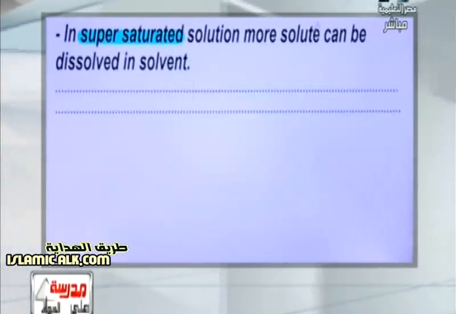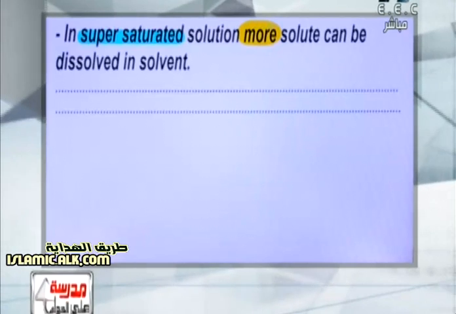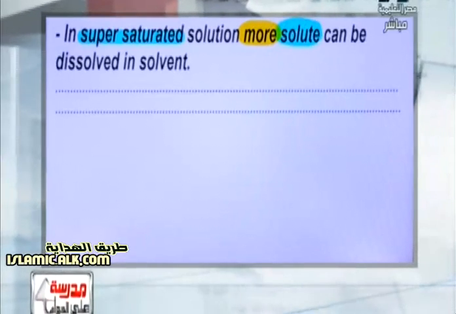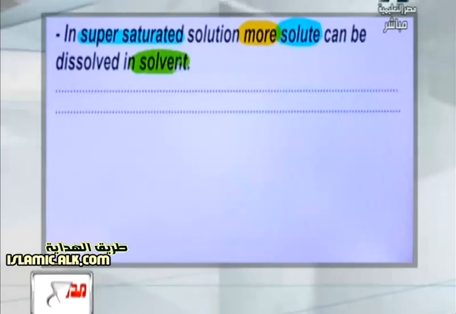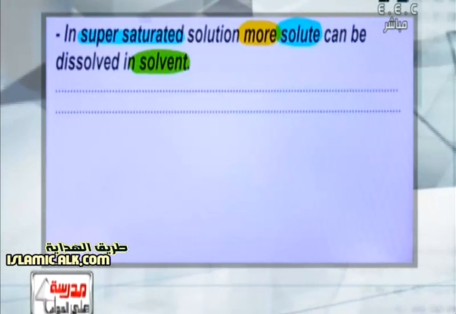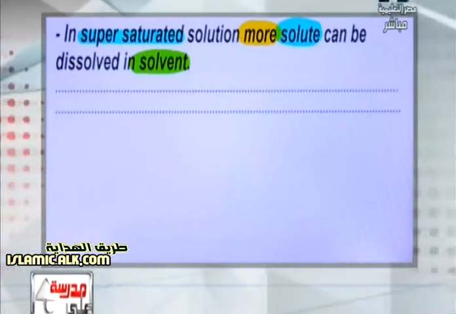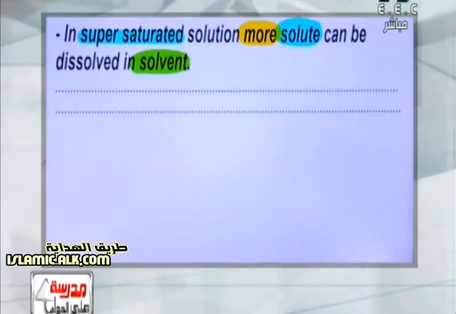Say more solute can be dissolved in solvent. So we have here more solute can be dissolved in solvent. How can we answer this type of question? Here we have to answer according to supersaturated solution.